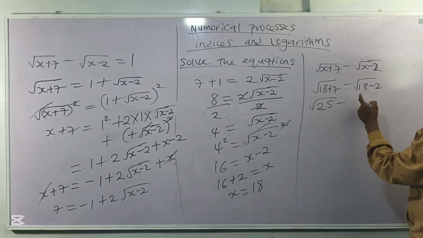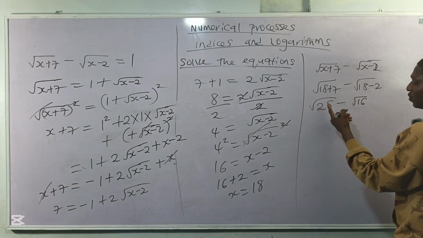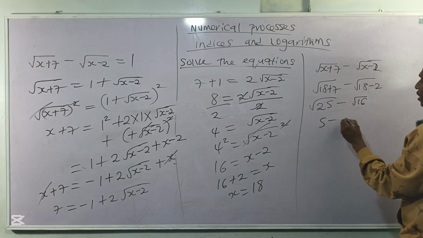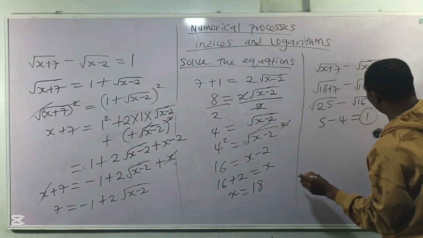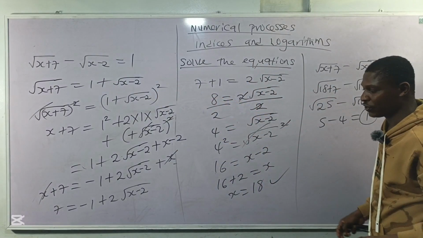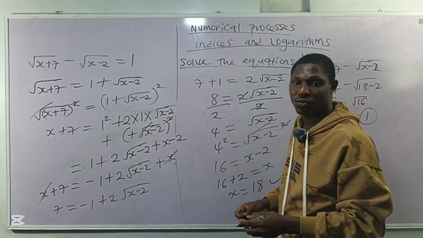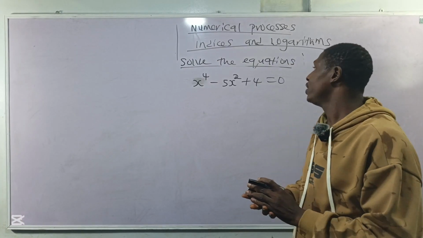Yeah. Minus what? This will give me what? 16. 25, square root of 25 is what? 5. Minus square root of 16 is what? 4. And 5 minus 4 is 1. So since it equals the right hand side, this equation is absolutely what? The value of x as 18 is absolutely what? Correct.